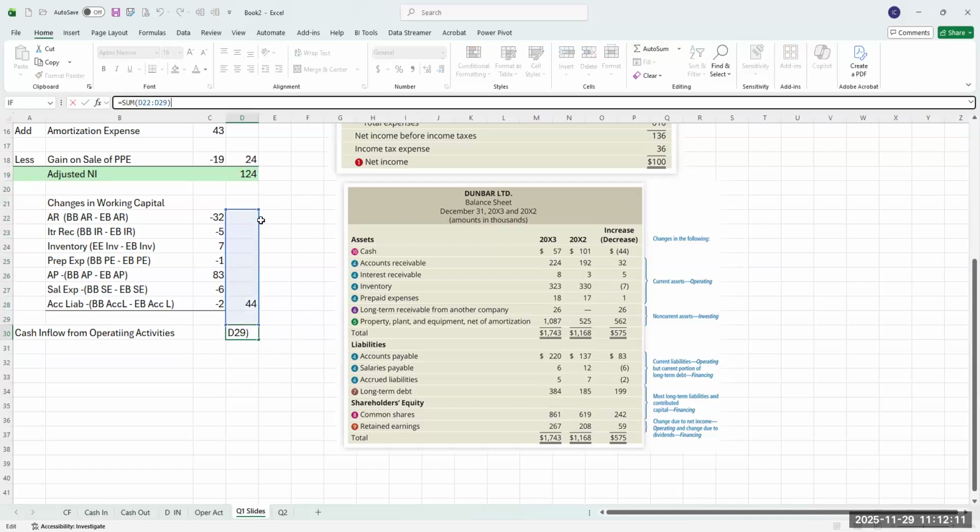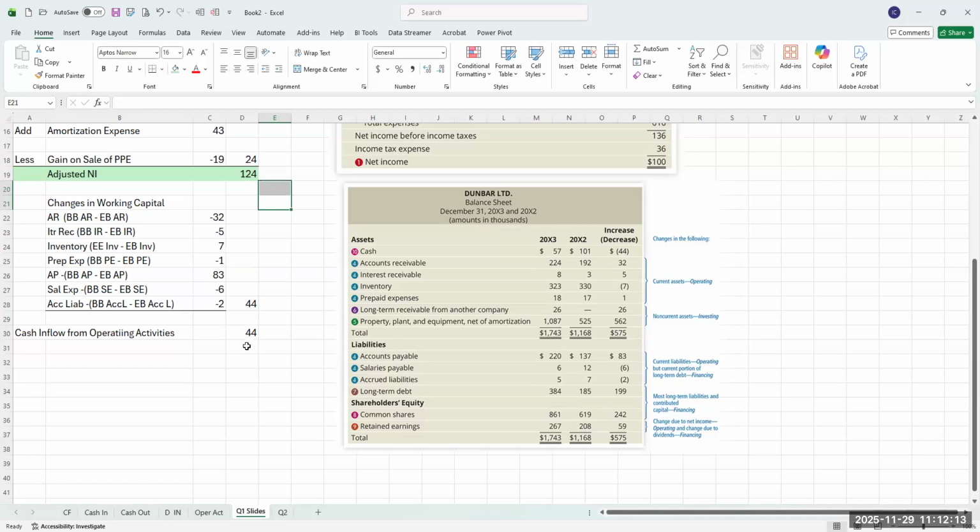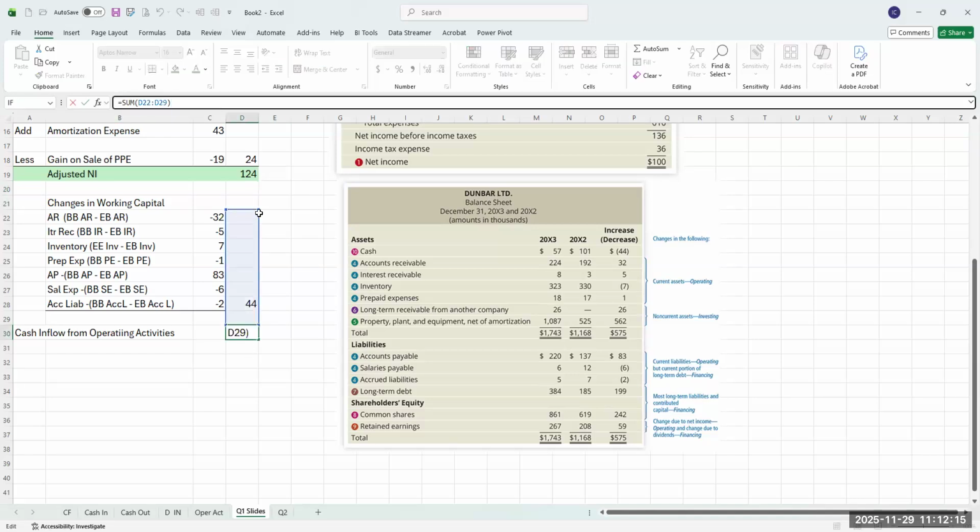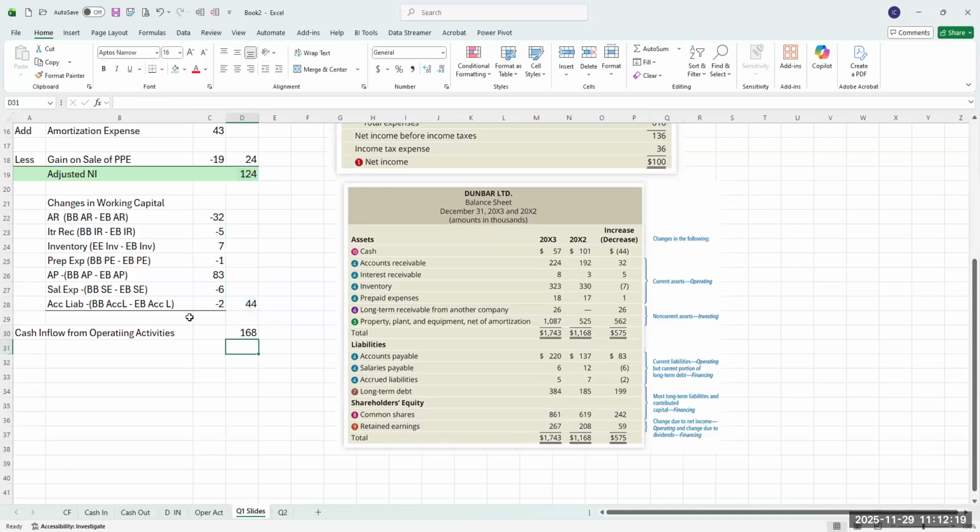That's not the right number. I have to extend it all the way to include the 124. Our cash from operating activity is going to be $168.